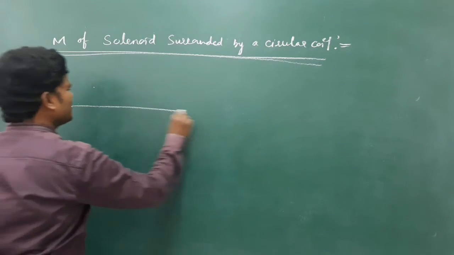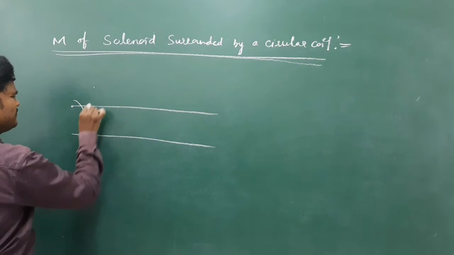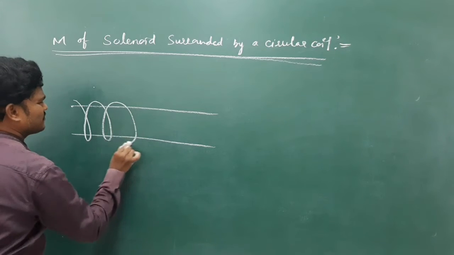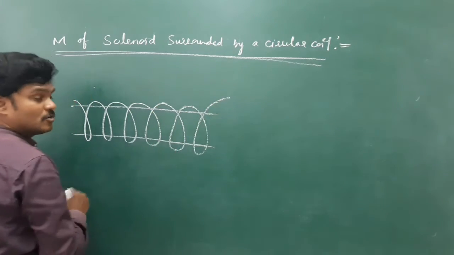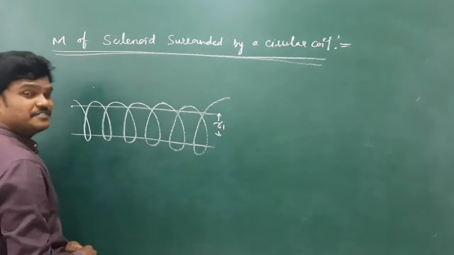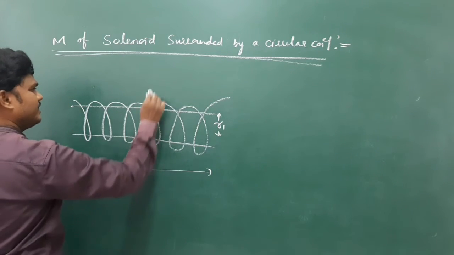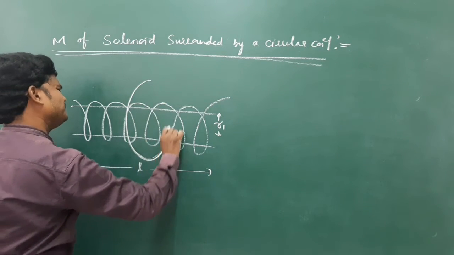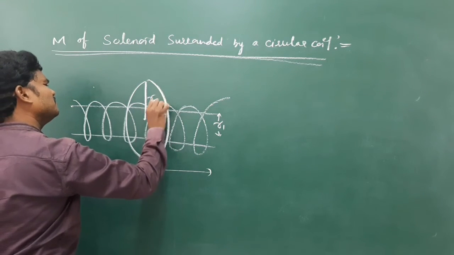See, this is the solenoid, whose radius is R1 and length is L, and it is surrounded by a circular coil whose radius is R2.